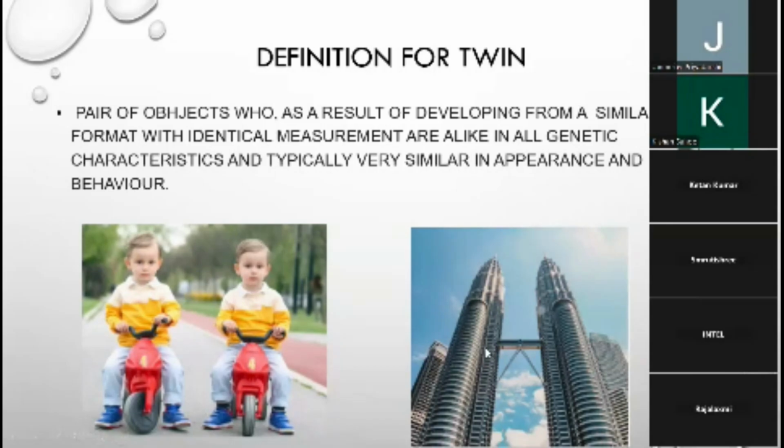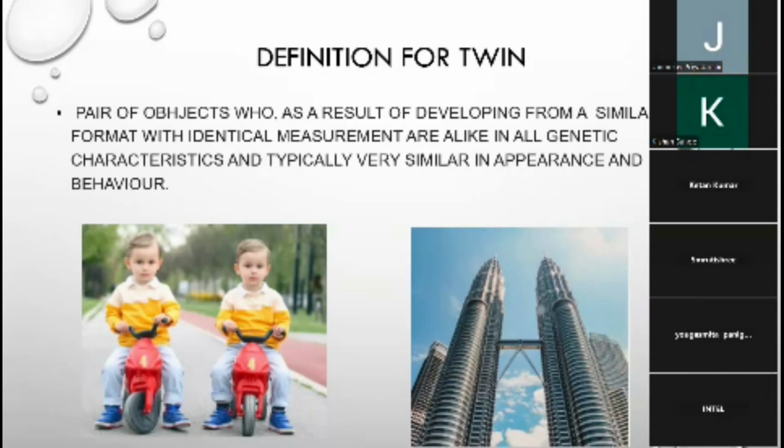These two buildings are twins. So if we put a definition of twin which would be common for all kinds of objects, we can say a pair of objects which are the result of developing from a similar format with identical measurements, alike in all genetic characteristics and typically very similar in appearance and behavior. Okay, so we can say they are twins.